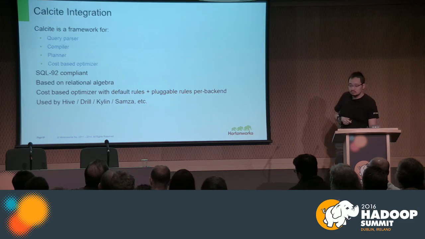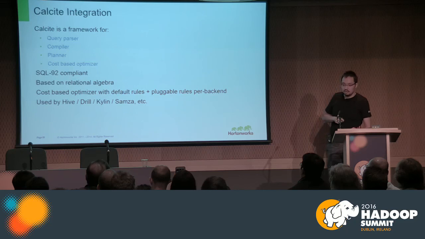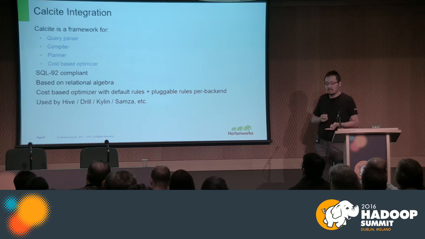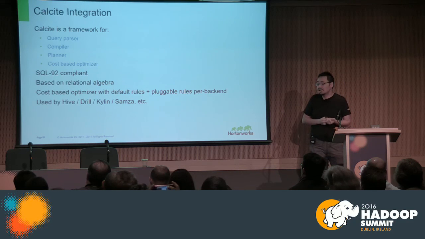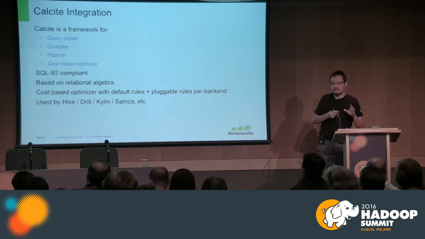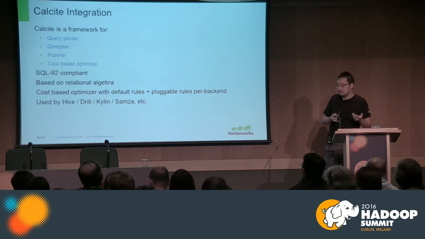Calcite integration is also coming. I think this will come in 5.0. Calcite is a framework for query parser, compiler, planner, and cost-based optimizer. It's a SQL 92 compliant framework. It has all the features.